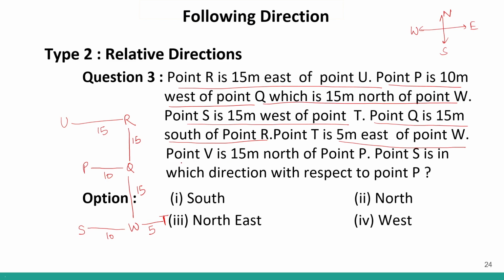Now, point V is 15 meter north of point P. So, point V will fall here, 15 meter north of point P. Now we have to find out point S is in which direction with respect to point P. It is towards the south. So our answer will be option number 1, south. This will be the correct answer.